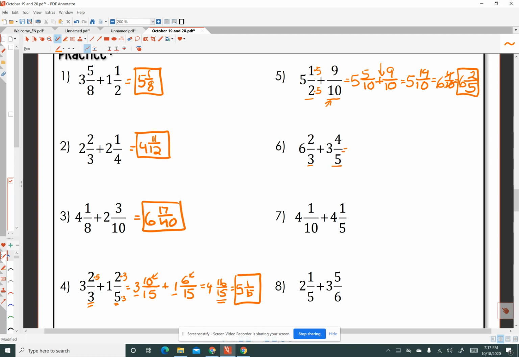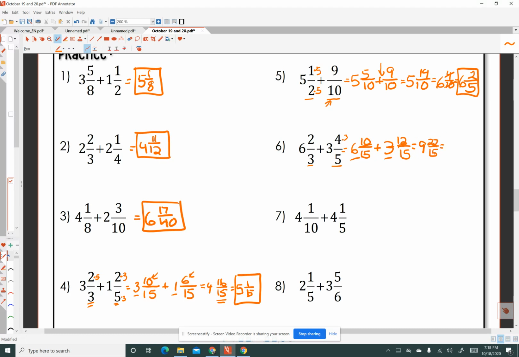If we have a 3 and a 5, we know our common denominator will be 15. So this will be 6. 3 times 5 is 15. 2 times 5 is 10. Now, 5 times 3 is 15, and 4 times 3 is 12. 6 and 3 are 9. 10 and 12 are 22.